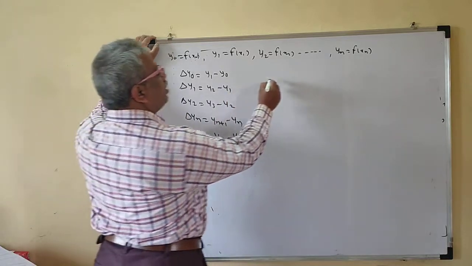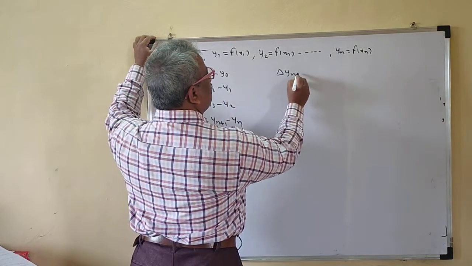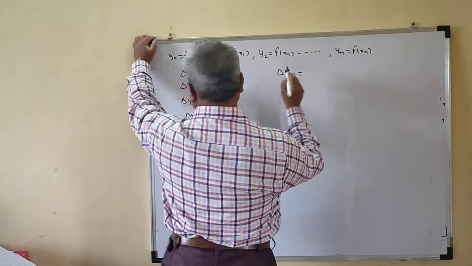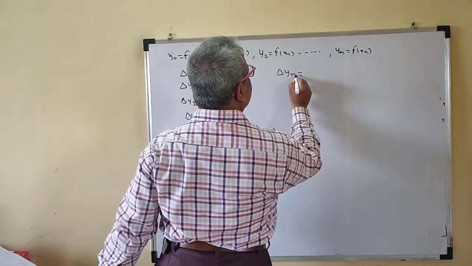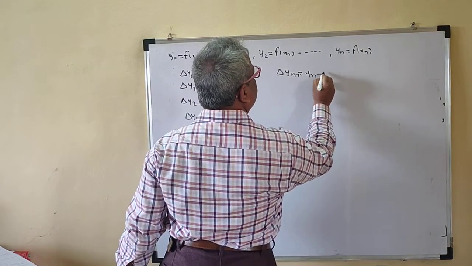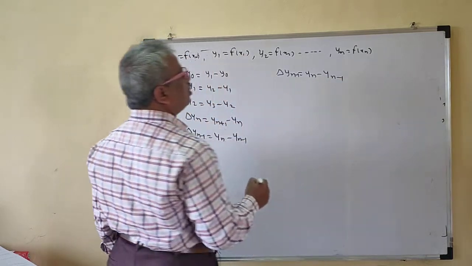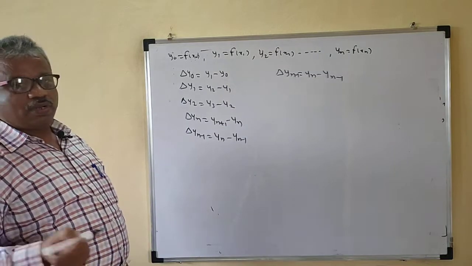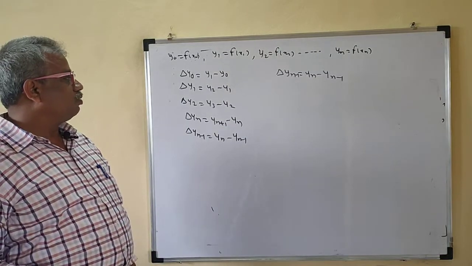Okay, so now delta yn is the same as yn minus y(n-1). Similarly, you can operate delta square, delta cube, and so on.